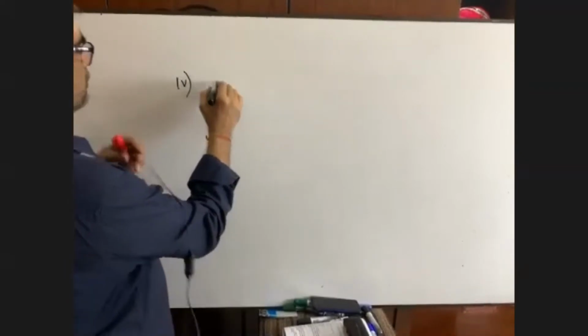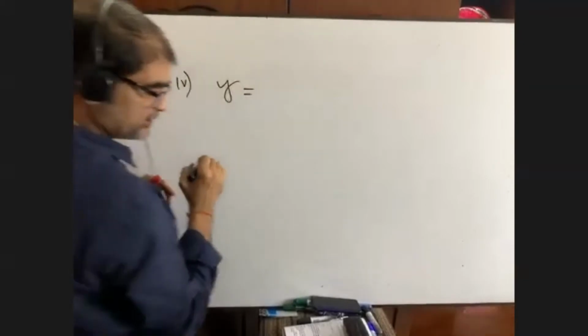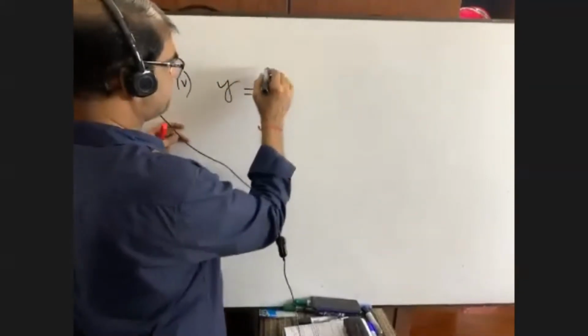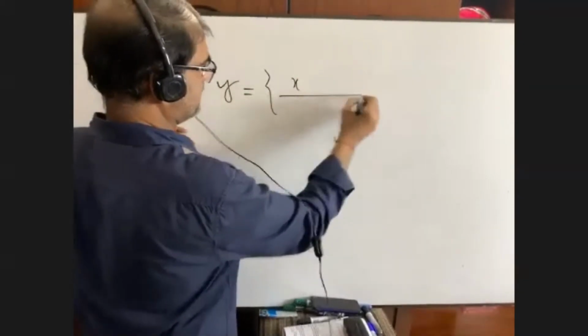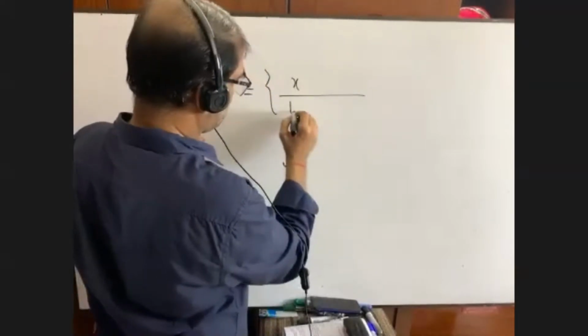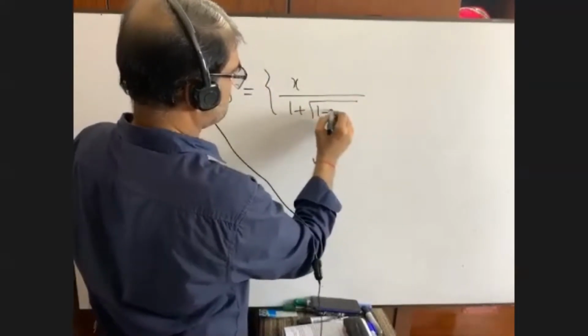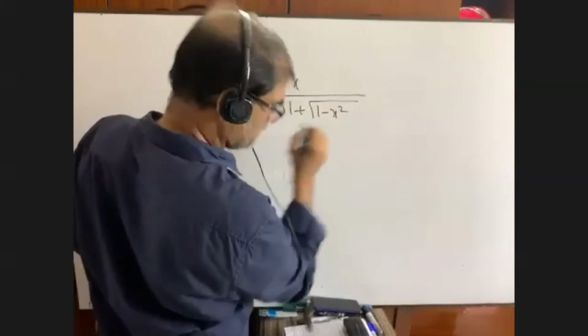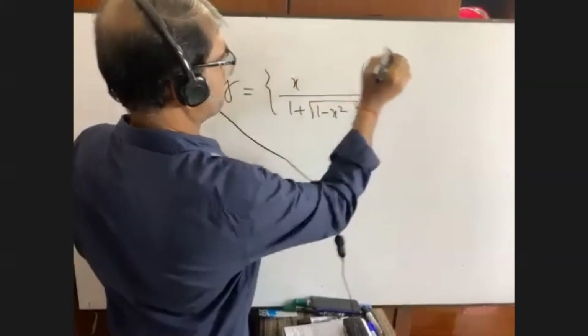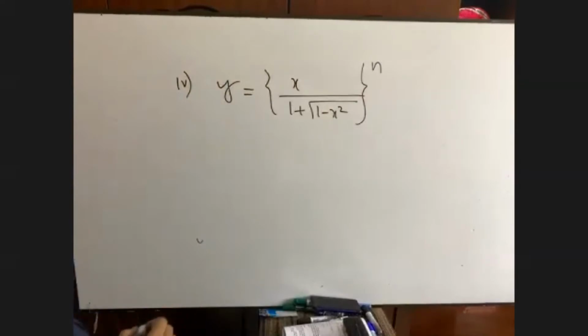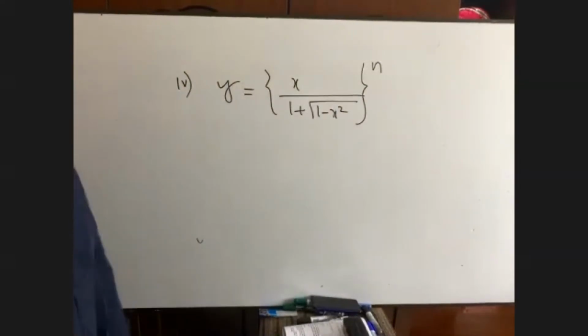Question number 4. y is given as (x/(1+√(1−x²)))^n. What will you do? Let me know at first.